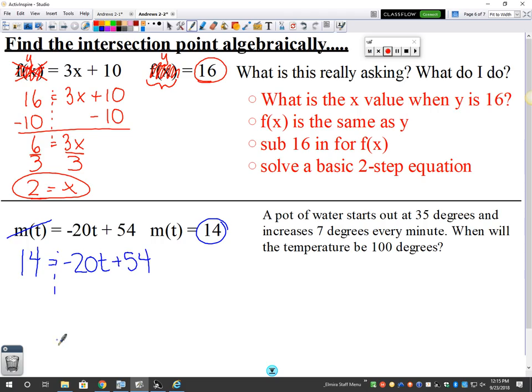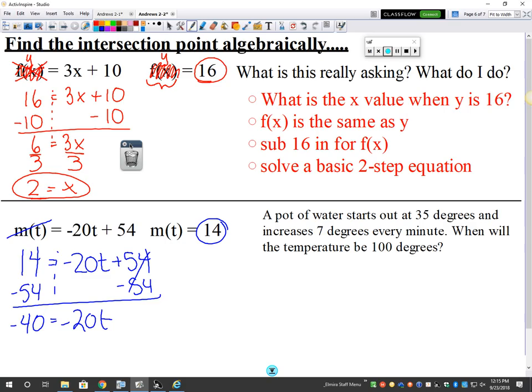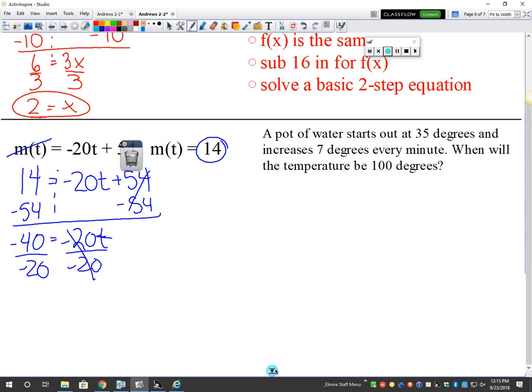Now I've got a two-step equation where I'll subtract 54. 14 take away 54 is negative 40. Divide by negative 20, and t equals 2.